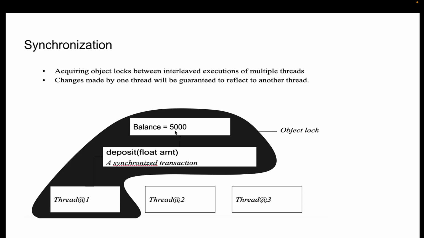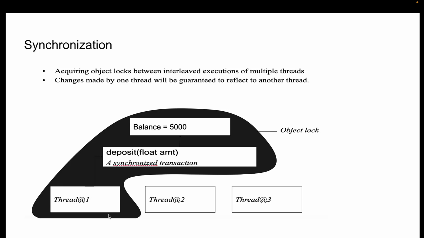Let's say the balance is $5,000 and there is a deposit amount. When you deposit the amount, you want only one of the threads to perform the operation. Let's say thread 1 wants to deposit that amount, and at that exact moment you don't want any other threads to perform the deposit.